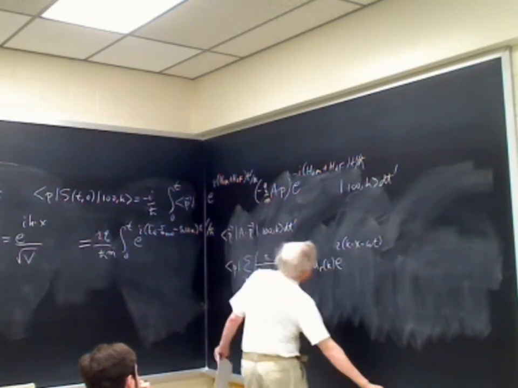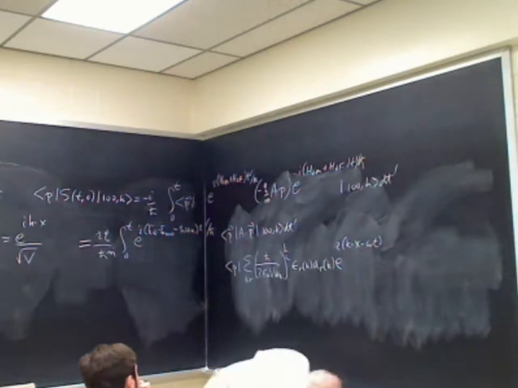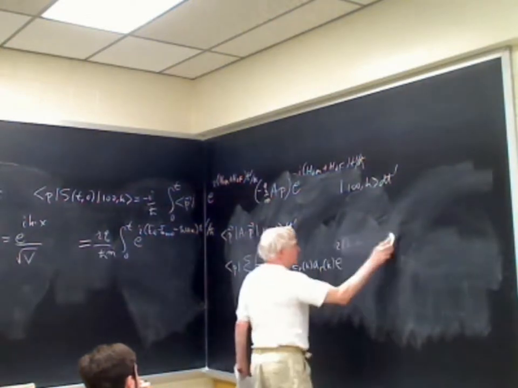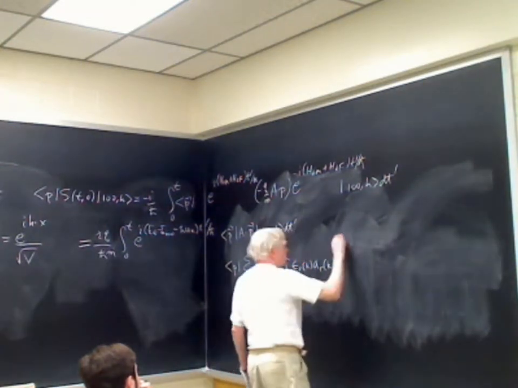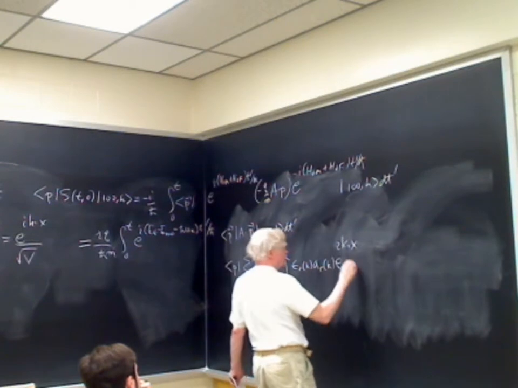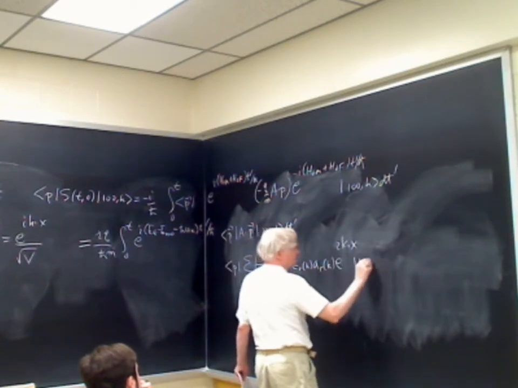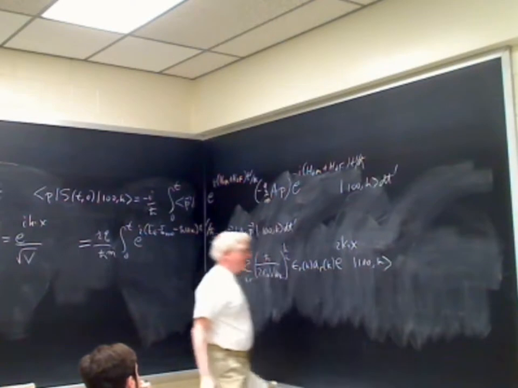We've already pulled out that t. So what we have here is a time-independent matrix element, e to the i k dot x, and then 1, 0, 0, k.